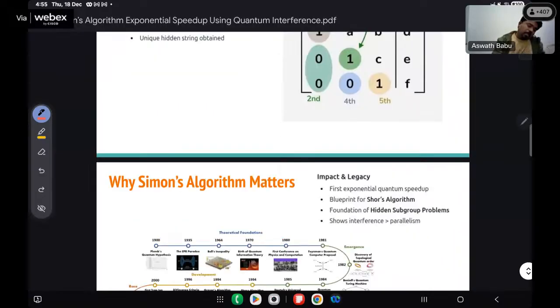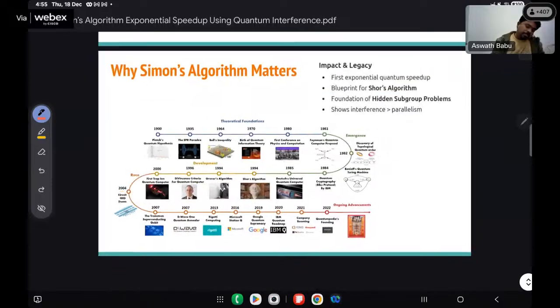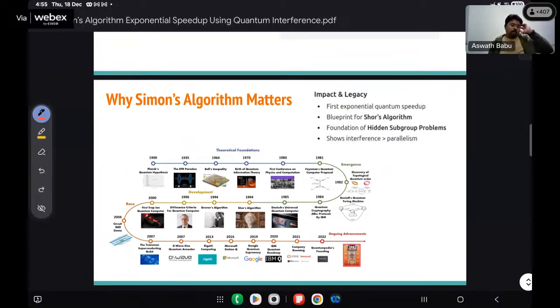And this is just a trend of quantum algorithms, to summarize for you: how quantum computing developed from the 1900s, and where exactly Simon lies. Somewhere around the 90s, '94 Grover, Shor, '85, somewhere here, at this point.